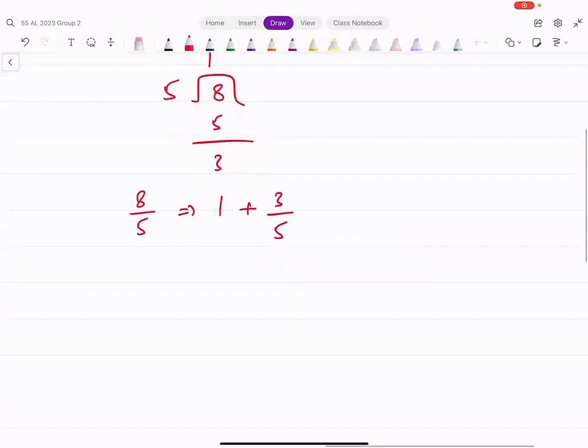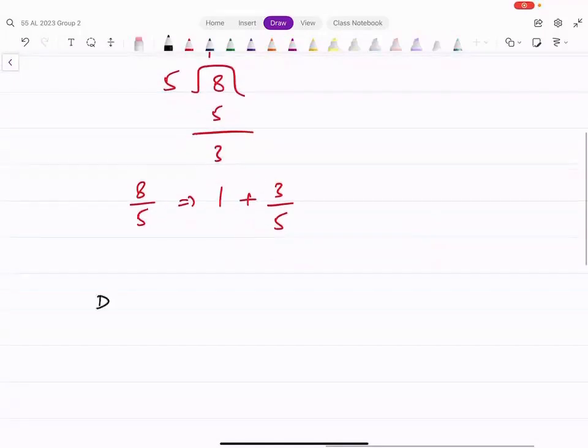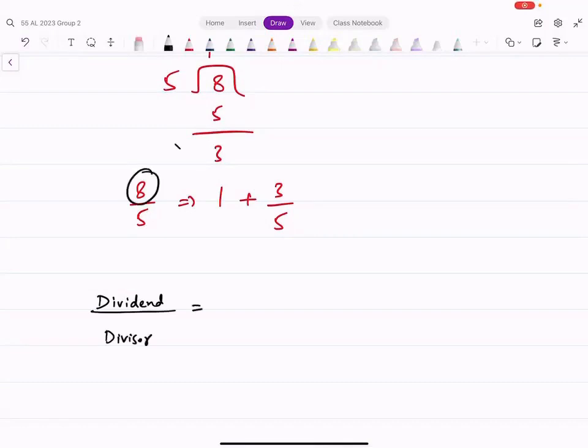That if we have a dividend, ये हमने polynomials में भी किया था, if you remember, dividend over the divisor, that is equal to, ये देखिए 8 was dividend, 5 was the divisor. Dividend over divisor is equal to 1, what's that? That's the quotient.